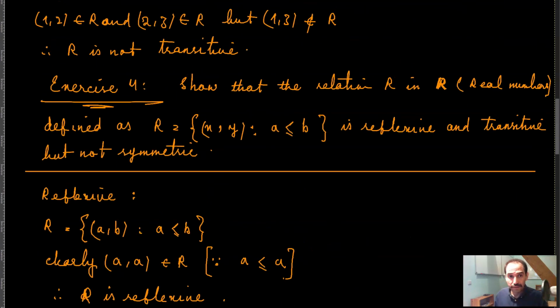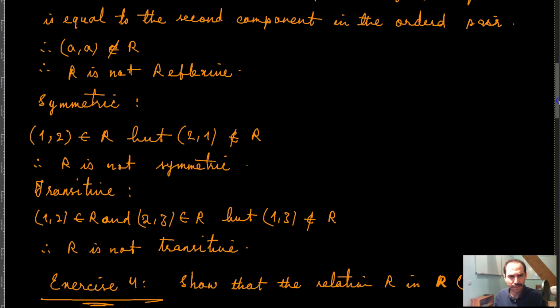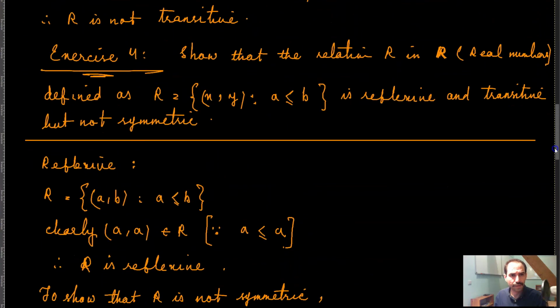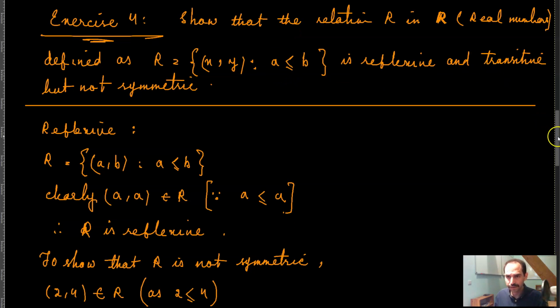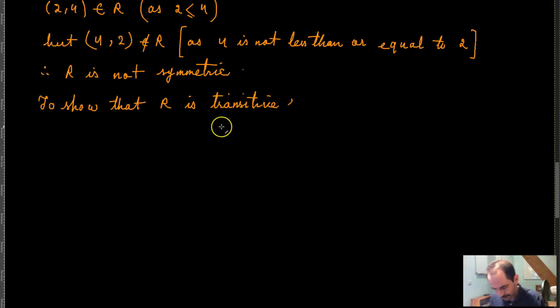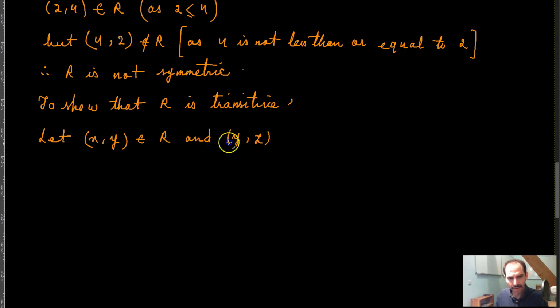And to show that R is transitive, let some (x, y) belong to R, and let some (y, z) belong to R. Now this implies that x is less than or equal to y, and y is less than or equal to z, right?